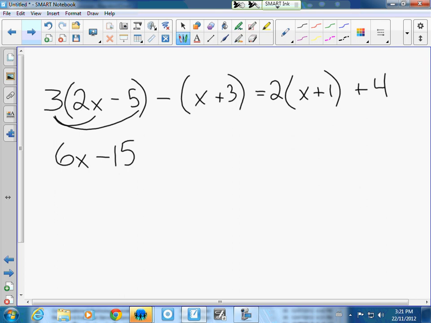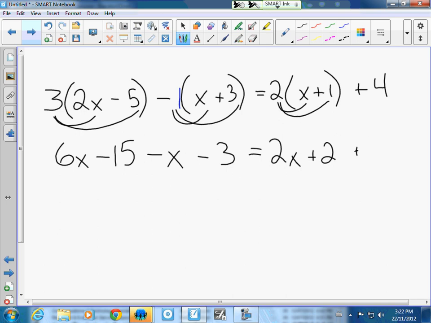Okay, now what did I say was between the negative and the bracket? A 1. So I'm going to draw it in there just so I can see it when I do my distributive property. So what's negative 1 times x? Negative x. What is negative 1 times positive 3? Negative 3. Equals, I'm going to do this here, 2 times x, 2x, 2 times 1, 2, and what's left over? A 4.